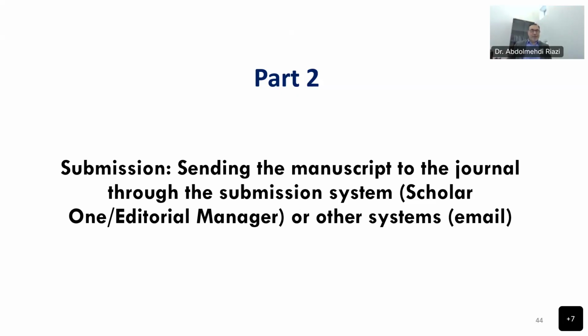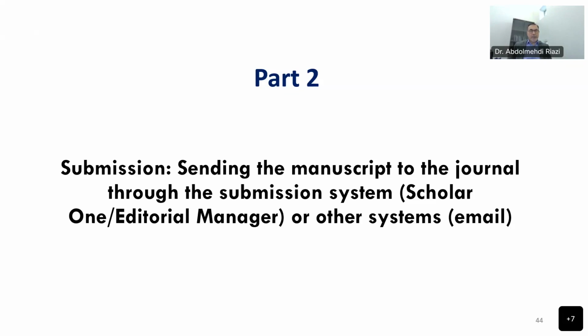Okay. So the first thing that we will be discussing today is sending the manuscript to the journal through the submission system, Scholar One, or Editorial Manager, or other systems, sometimes through emails.